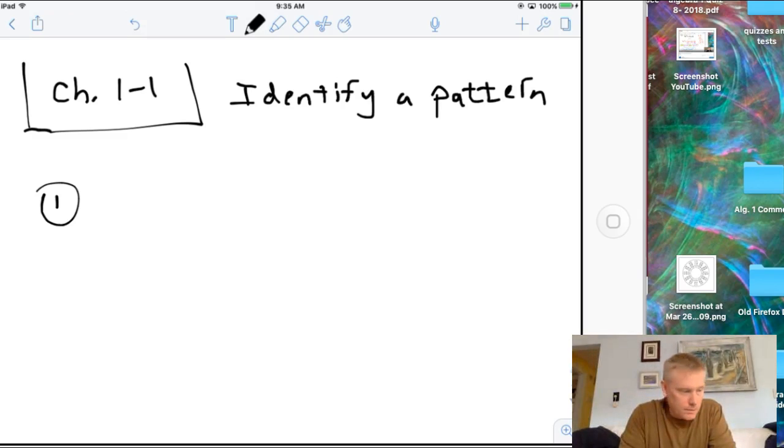We're going to start out with some patterns, and I'm going to ask you, what does the next figure look like?